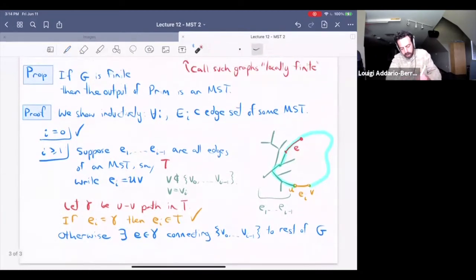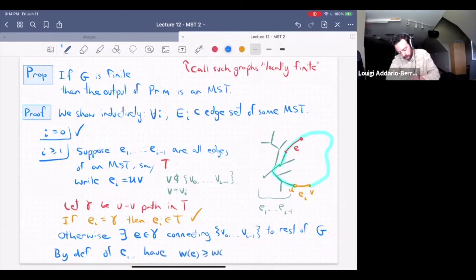Right? But E_i was a minimum weight edge connecting these vertices to the rest of the graph. And so this edge E must have weight at least as big as E_i. So by the definition of E_i, we know that the weight of E is at least the weight of E_i.